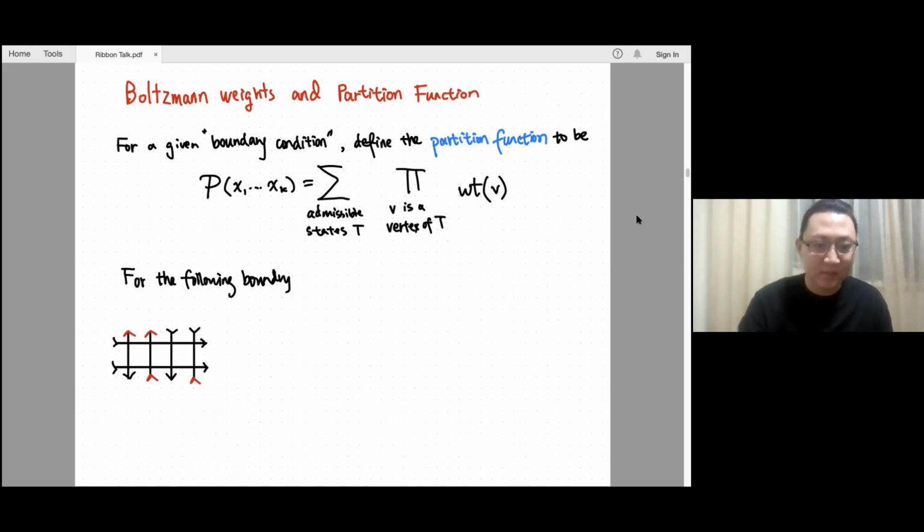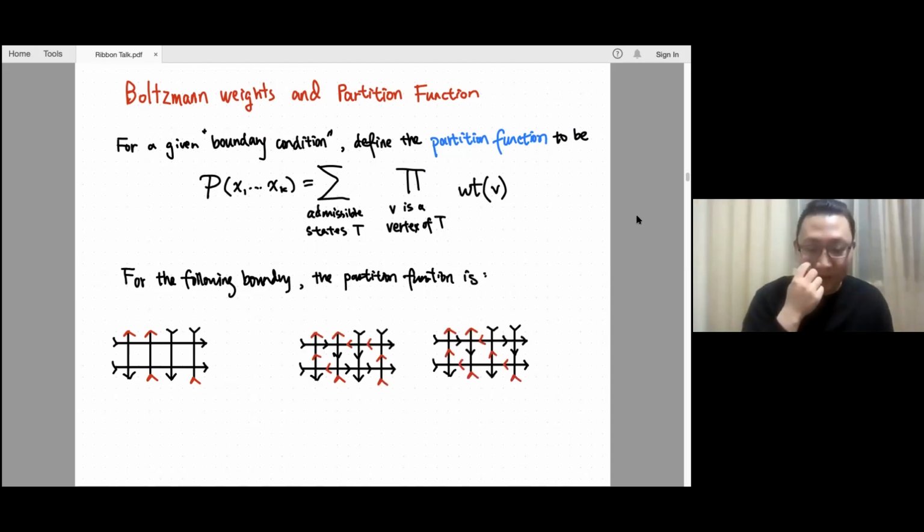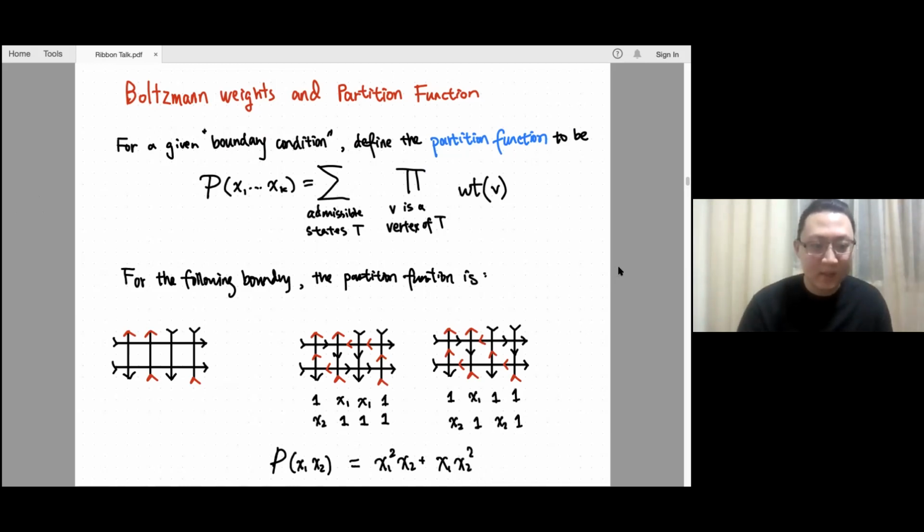Here's an example. We fix a boundary like this, and there are 2 possible fillings of arrows in this lattice under this boundary condition. The weights of these 2 states are given, and the partition function is the sum of the weights of these 2 states.